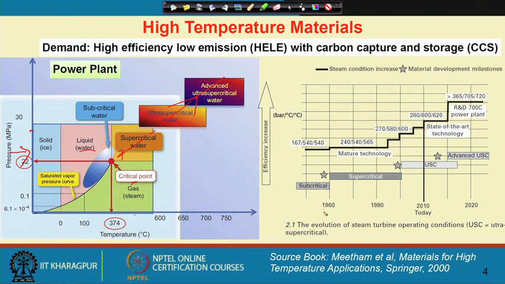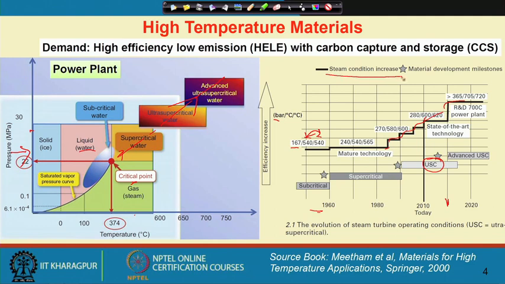Now, let us have a look from 1960 onward. Here some digits are shown where 167 is the pressure in bar, and this is the temperature range which is operated. Day by day people develop materials to go to higher and higher operating temperatures. During this time we mostly use the ultra supercritical technology.